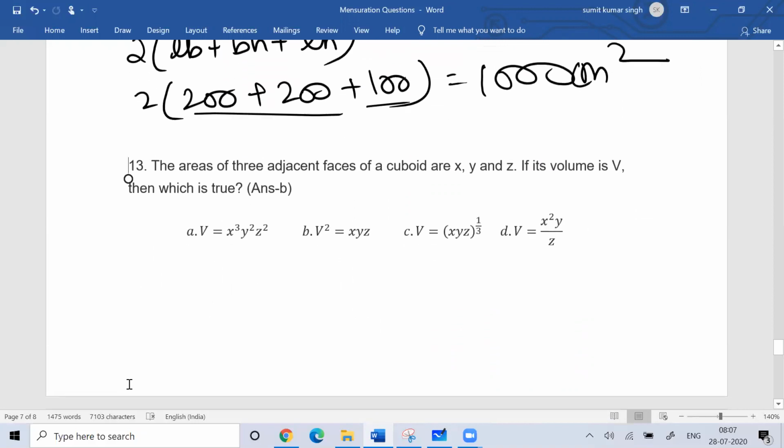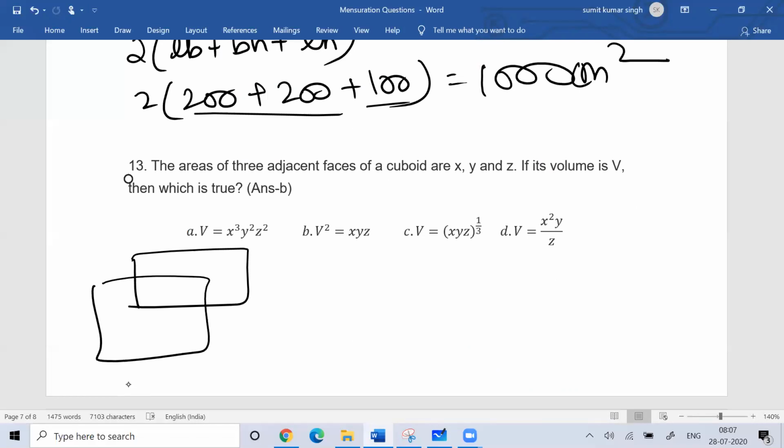Fine. Now the next question, the area of the adjacent face of the cuboid. Suppose this is the cuboid, and you know the length, breadth and height. This is the length, this is the breadth, this is the height. In a cuboid 6 faces are there. You can count. One face means one rectangle.